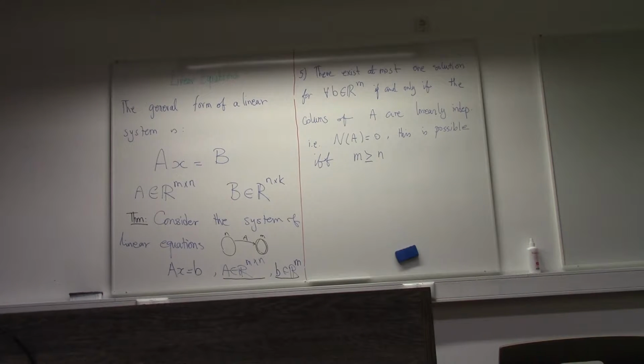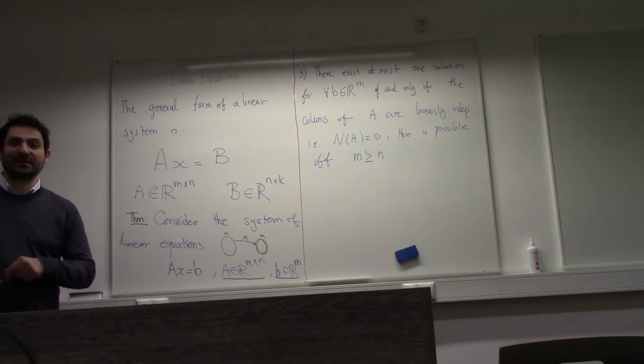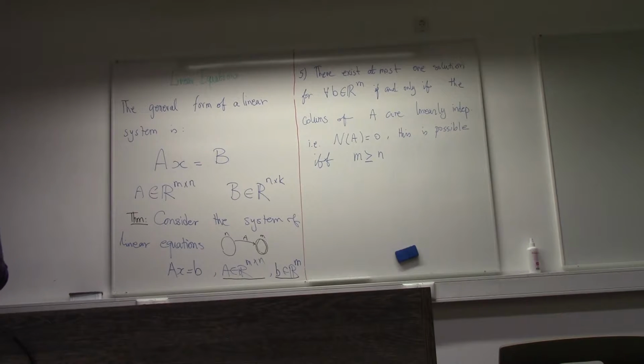Then we can solve it using, let's say, Gauss-Jordan, and we will have columns which are 0; you can ignore them, and we have enough equations in order to solve it.